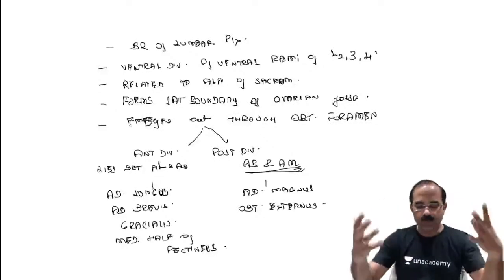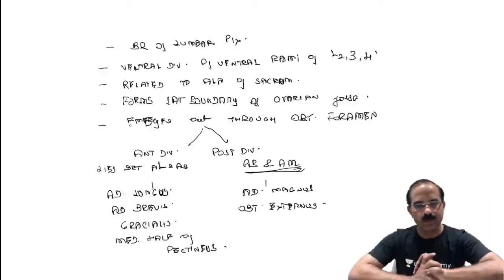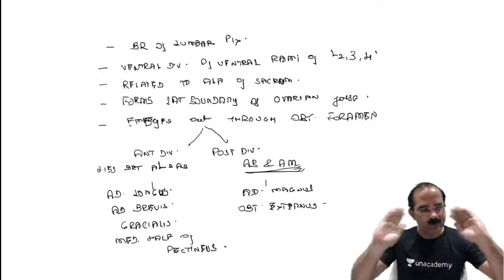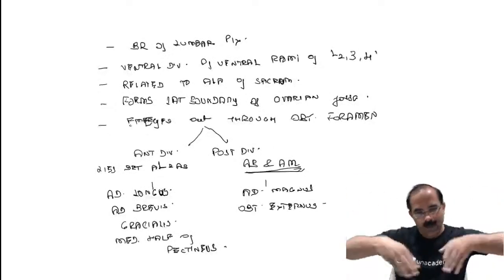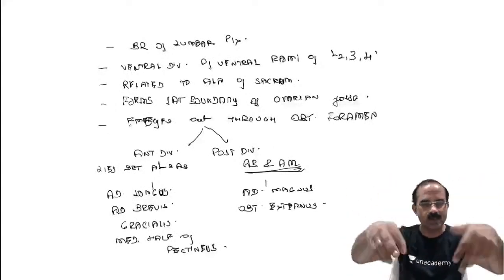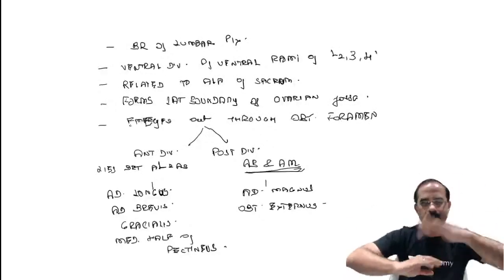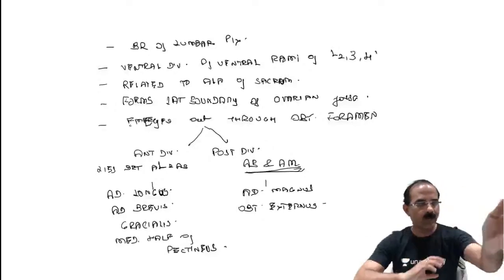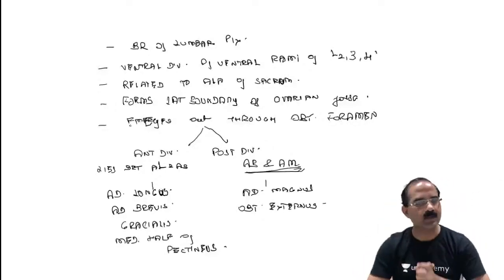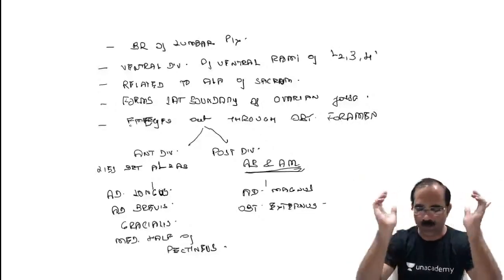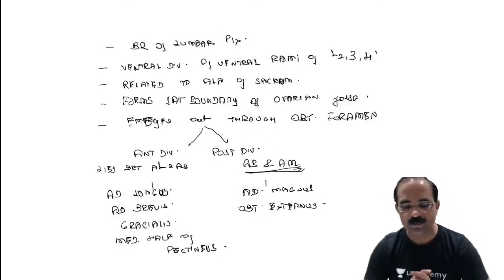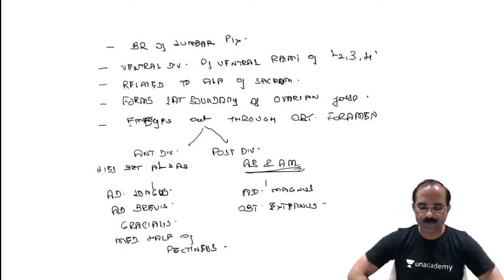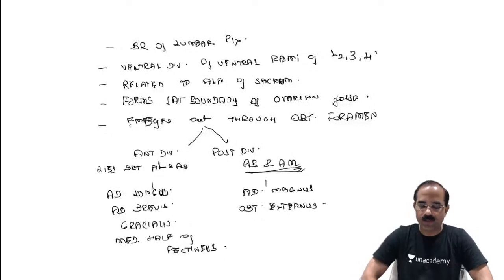So it's a branch of lumbar plexus, ventral division of ventral rami, related to the ala of the sacrum, forms the lateral boundary of ovarian fossa, gets out through the obturator foramen, divides into an anterior and posterior division. Anterior lies between longus and brevis, posterior between brevis and magnus. Now what does the anterior supply, what does the posterior supply? This is what you have to know. Is this clear? I hope everything is clear to you.